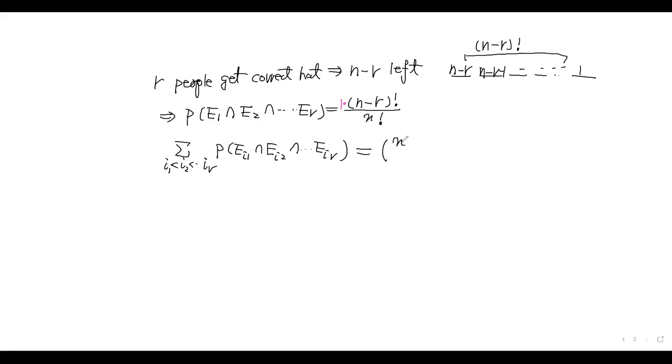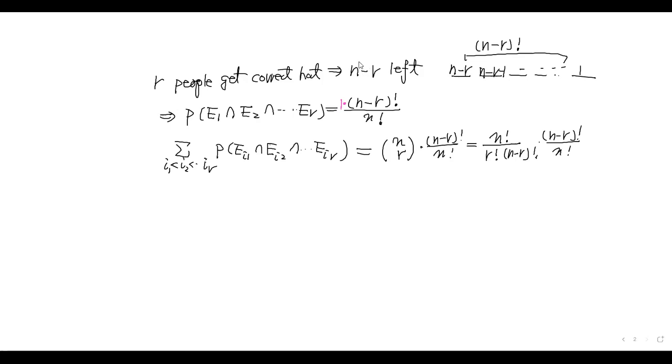You have a total of N, so you choose R. And then for every single combination, this is N factorial over R factorial times (N minus R) factorial, then times (N minus R) factorial over N factorial, right?